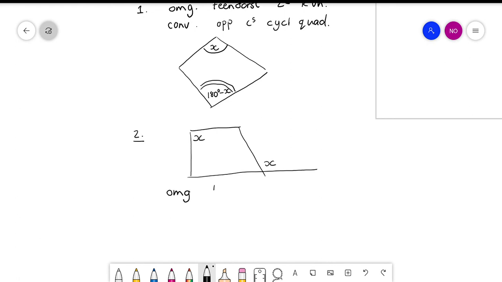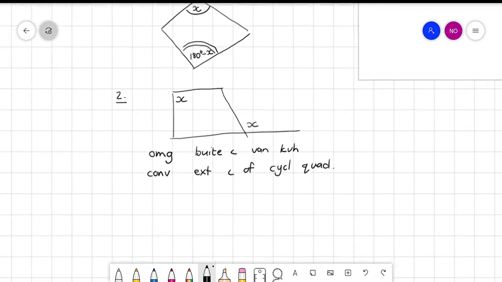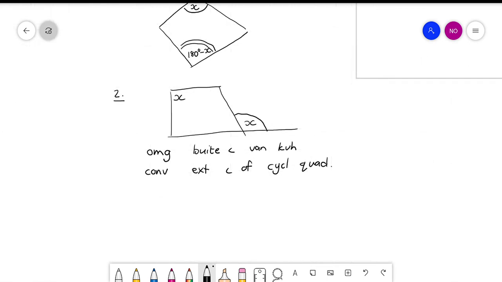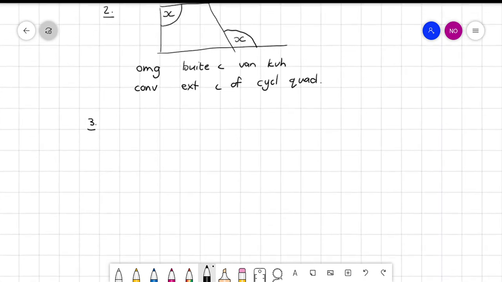Die omgekeerde van die buitehoek van die koorde vierhoek. So because the exterior angle of this quad is equal to the opposite interior angle, this must also be a cyclic quad. And then the third one is using the strictasie.